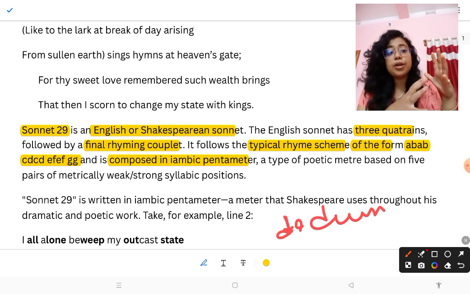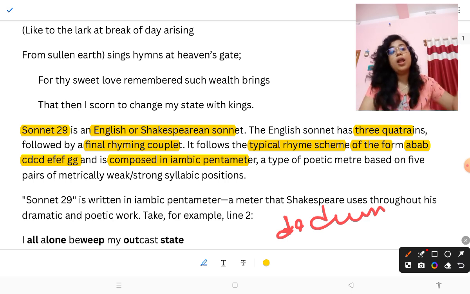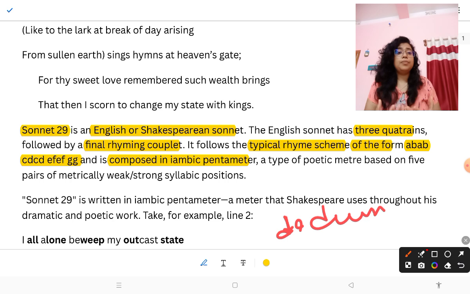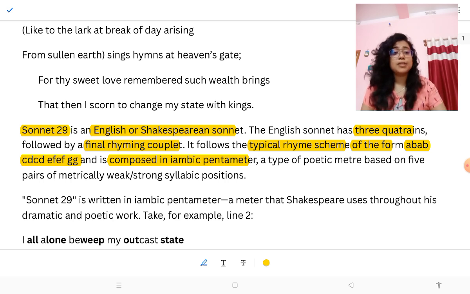Shakespeare wrote most of his writing in this iambic pentameter form, and he wrote his whole drama in this form. And why do we like Shakespeare's writings so much, why do we like to remember his sentences, the sonnets? Because he followed this structure which is iambic pentameter.